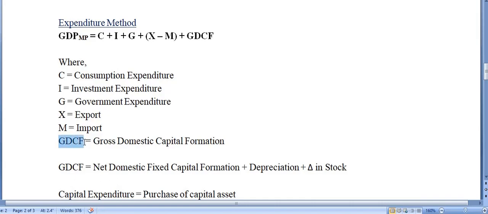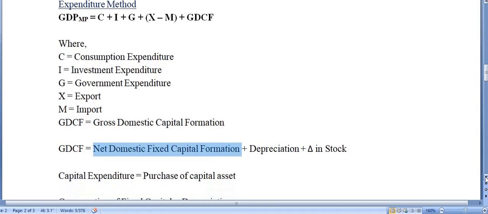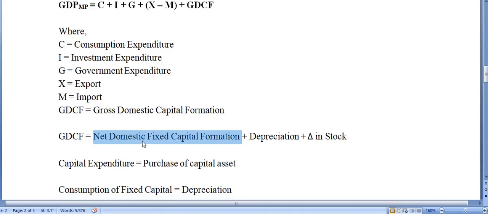Now what is GDCF? GDCF refers to gross domestic capital formation: how much capital has been accumulated or formed in that particular country in that particular time period. To calculate GDCF, you must include depreciation plus change in stock as well as net domestic fixed capital formation. Because sometimes in a question, net will be given.